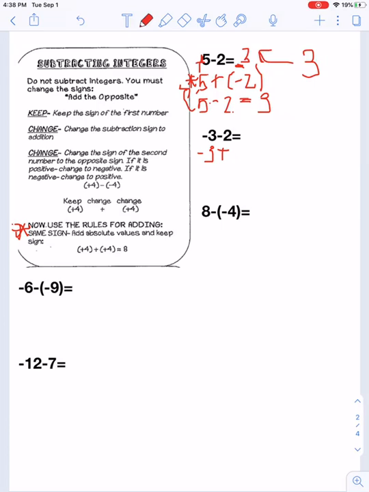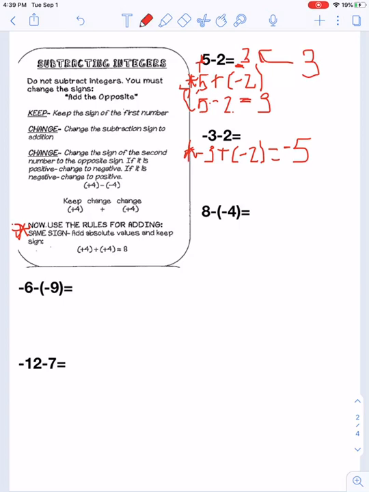I said minus 2. So the opposite of 2 is negative 2. So really, we're just doing negative 3 plus negative 2. Well, this is the new addition problem that we made. That's what we want. Therefore, we have a negative plus a negative. Those are same signs. So I add and keep the sign. So our answer is negative 5.